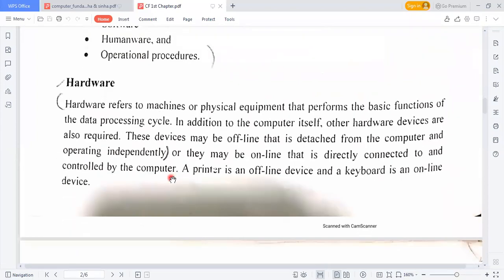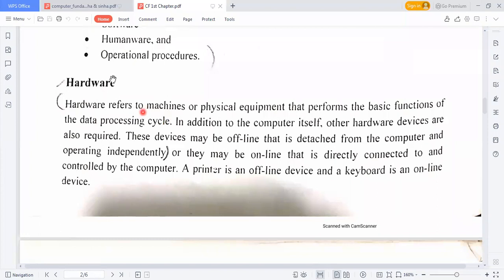Now, what is hardware? You must know hardware refers to a machine or physical equipment that performs the basic functions of a data processing cycle. In a human body, there is a big difference between a dead body and a living human body. A dead body has no life, but a human body is life plus body.